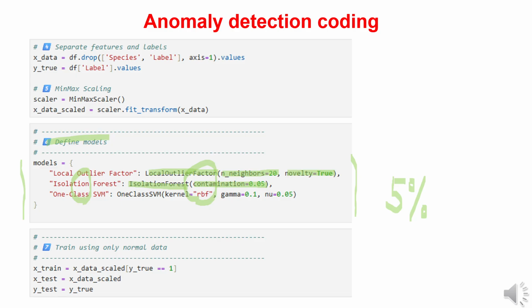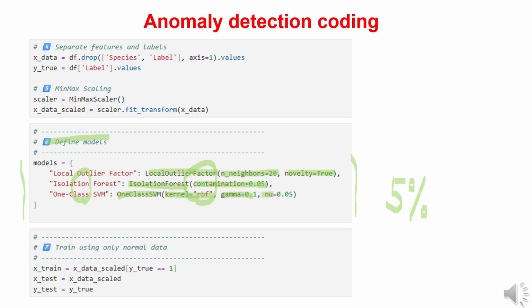Finally, One-Class SVM learns the decision boundary of normal data and classifies points outside this boundary as outliers. We use the RBF kernel, where gamma controls the complexity of the boundary, and nu sets the maximum proportion of training data allowed to be treated as outliers.